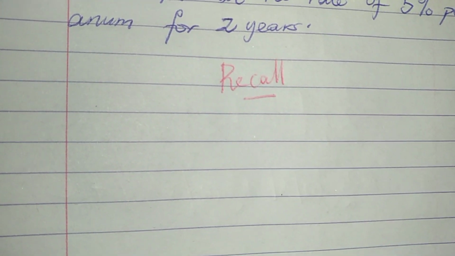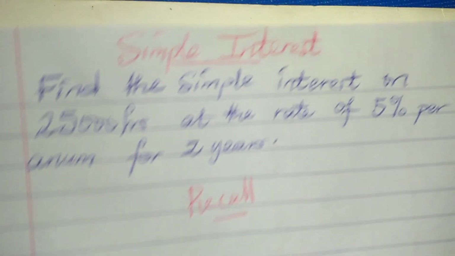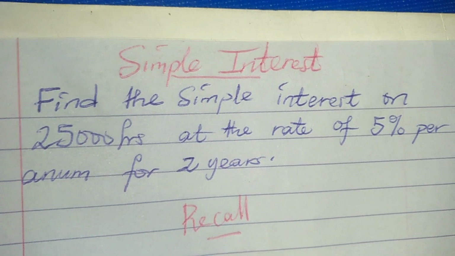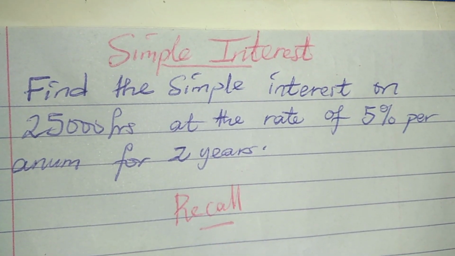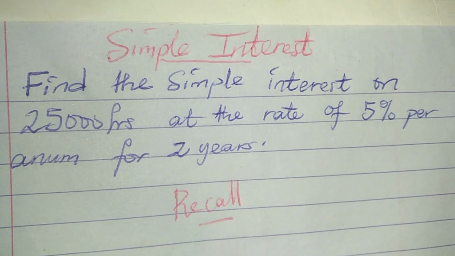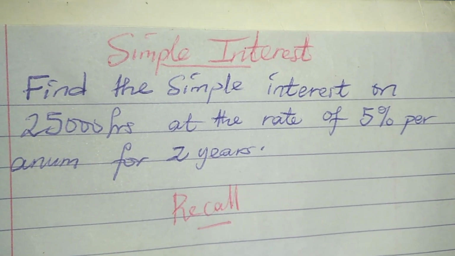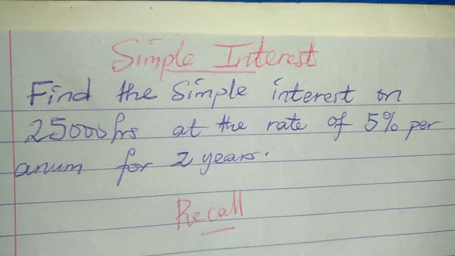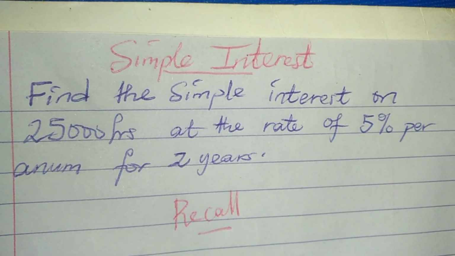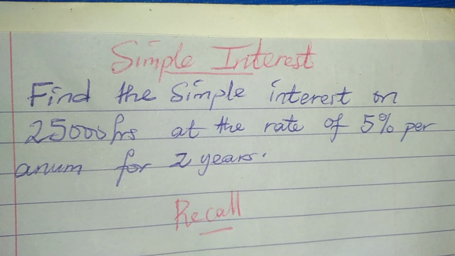Remember, simple interest arises as a result of someone borrowing money from the bank or saving some money in the bank at a certain rate and for a certain period of time measured in years.